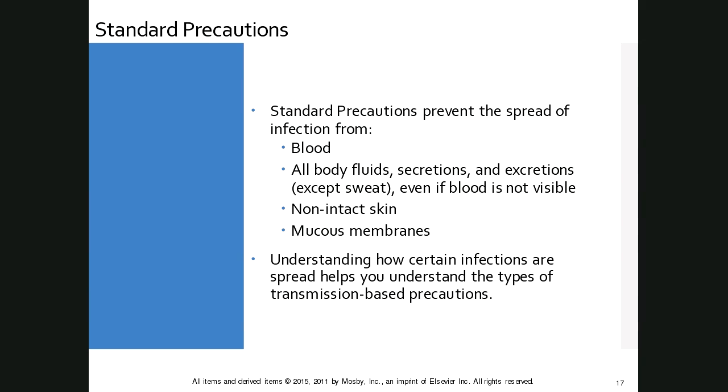Because sometimes blood can be microscopic, we won't see it. Non-intact skin and mucous membranes. So understanding how infections are spread can help you be more conscious of what you can do to prevent that spread of infection, especially transmission-based precautions, and we'll go over that.